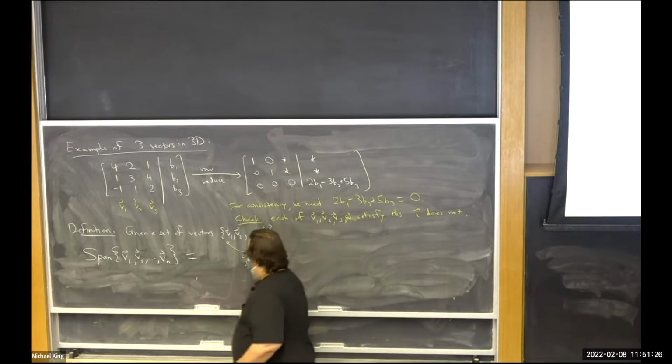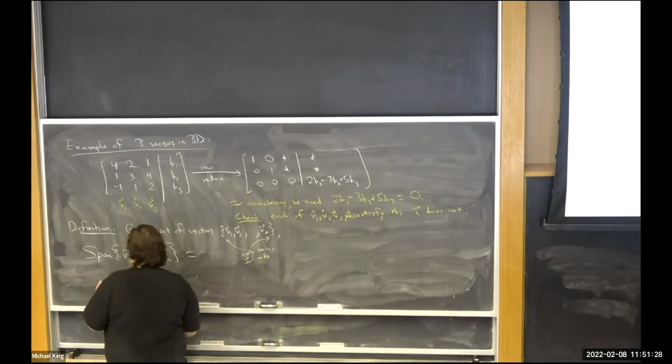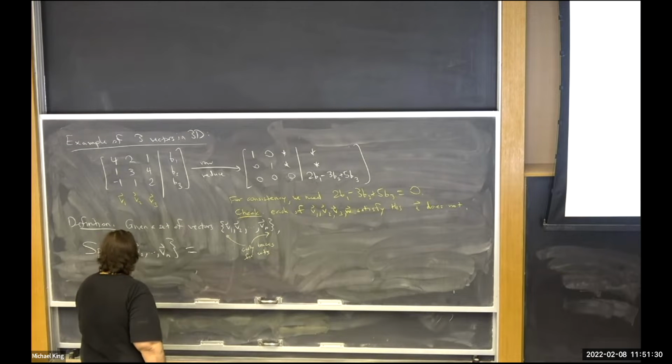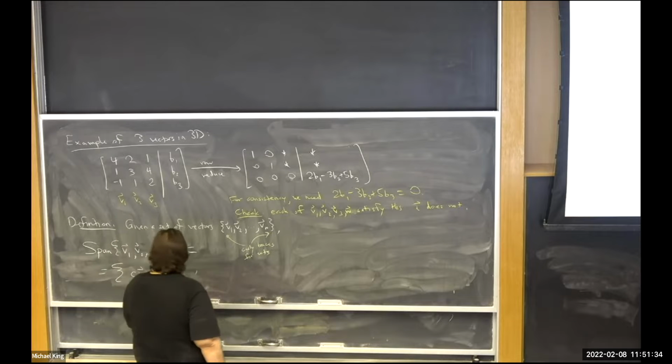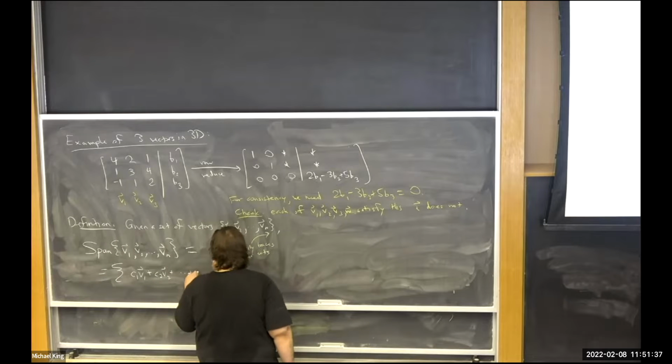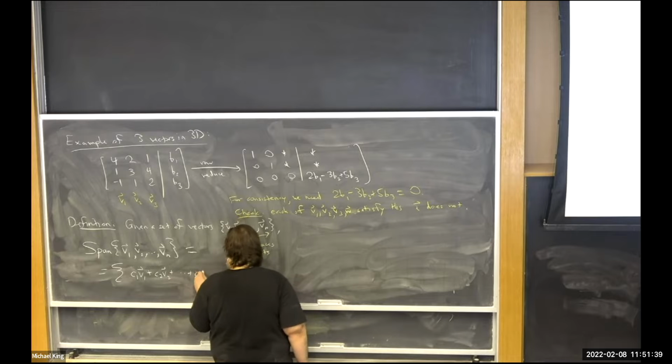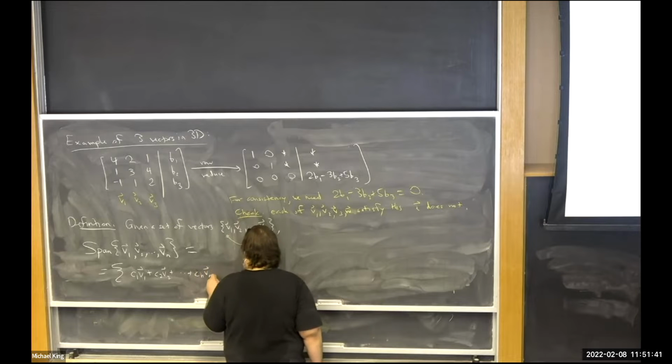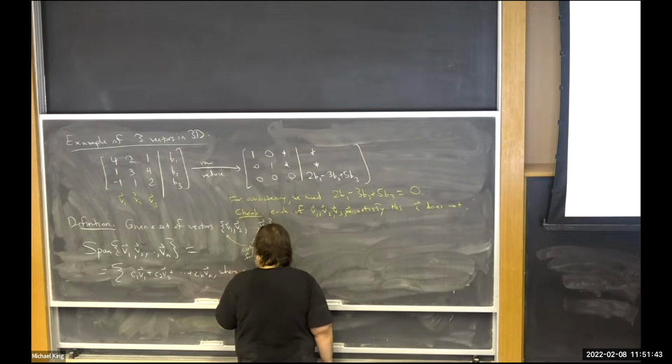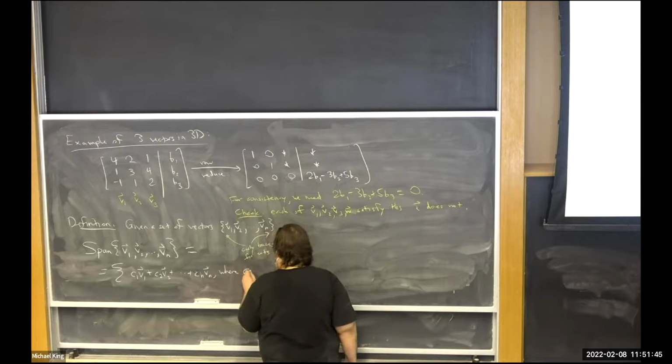But the span is the set of all linear combinations of these vectors, where the c sub i are real numbers.